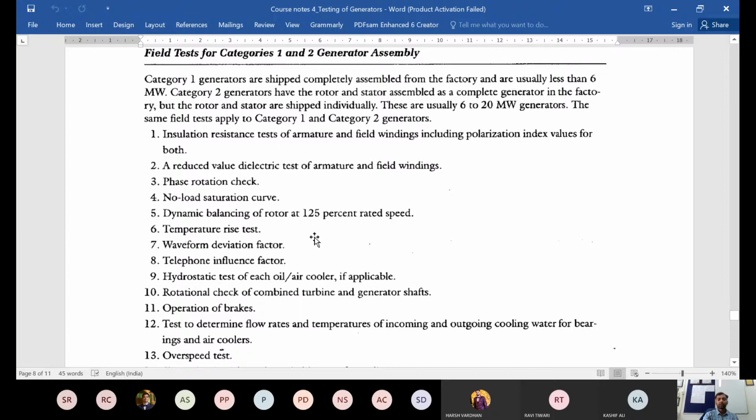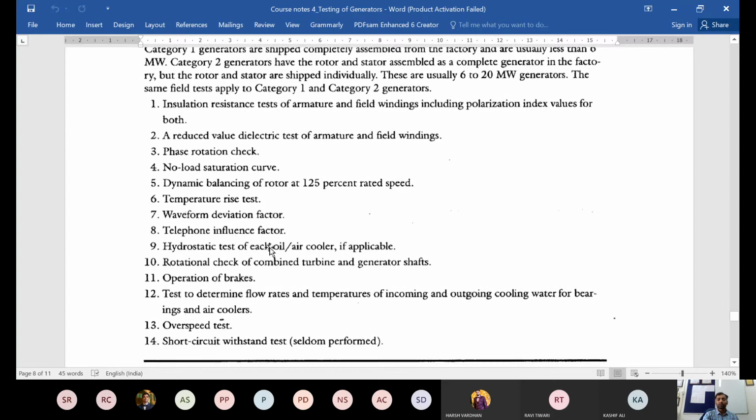Temperature rise test, waveform deviation factor, telephone influence factor, hydrostatic test of each oil or air cooler if applicable, rotational check of combined turbine and generator shafts, operation of brakes, test to determine flow rates and temperatures of incoming and outgoing cooling water for bearings and air coolers, overspeed test, and short circuit withstand test.